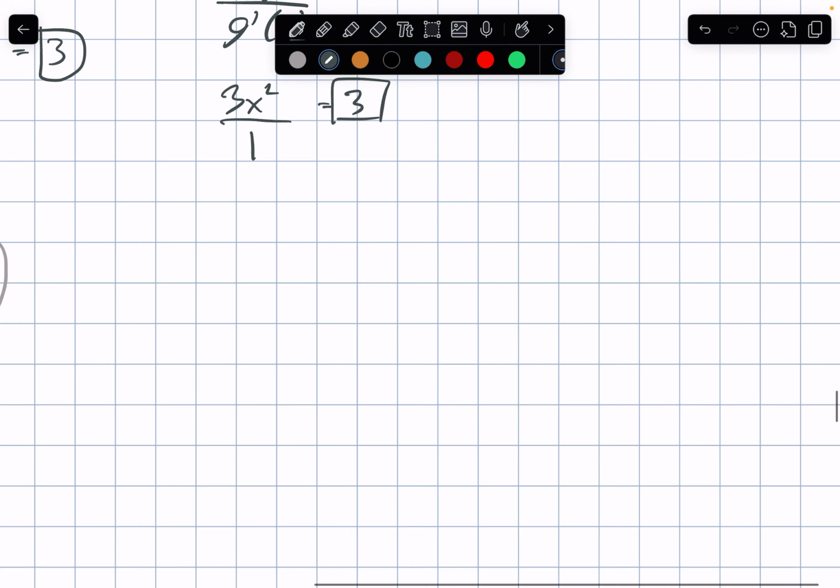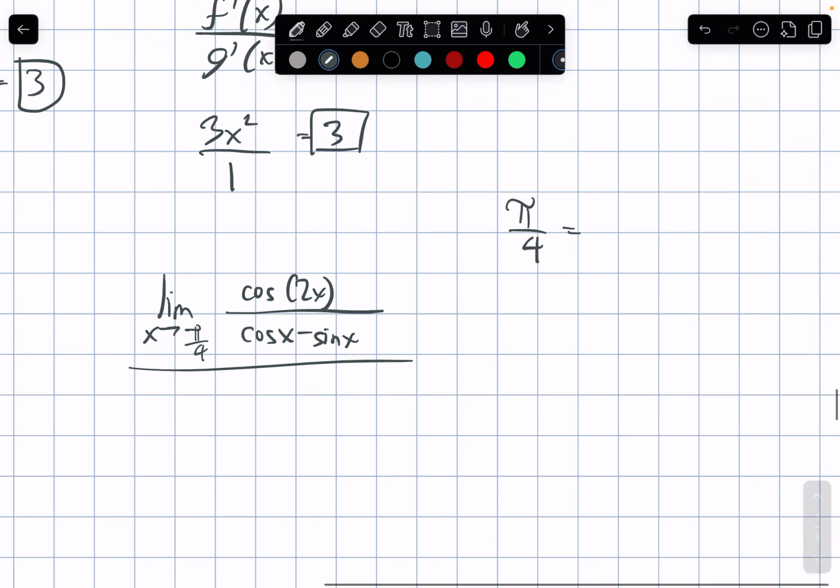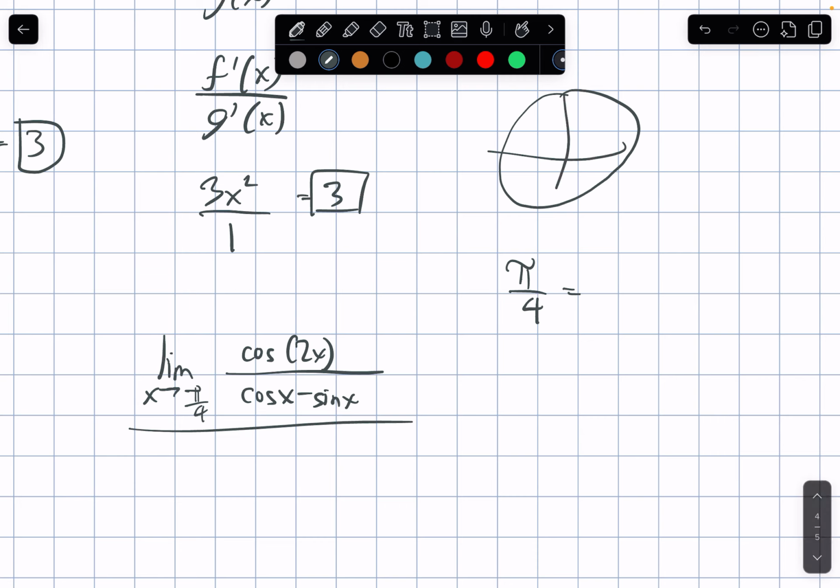How about solving using trigonometric identities? Let's say the limit as x approaches pi over 4 of cosine 2x over cos x minus sine x. By the way, if you know your trig, pi over 4 is, in the unit circle, 6, 4, 3.